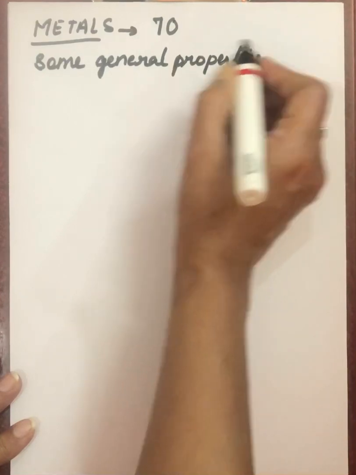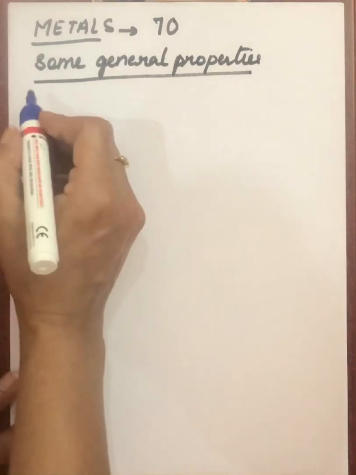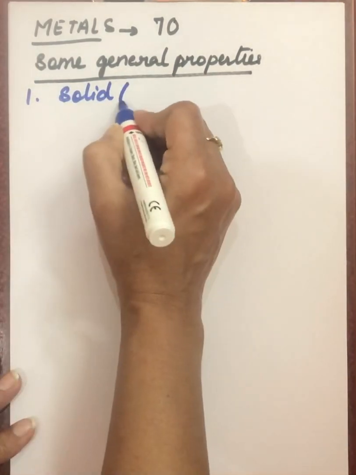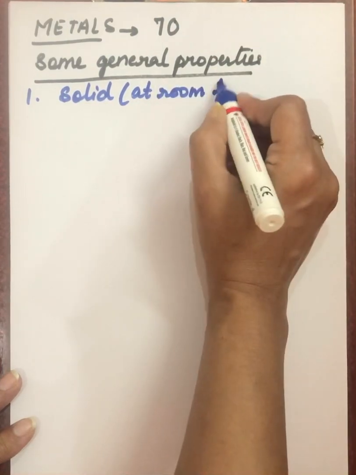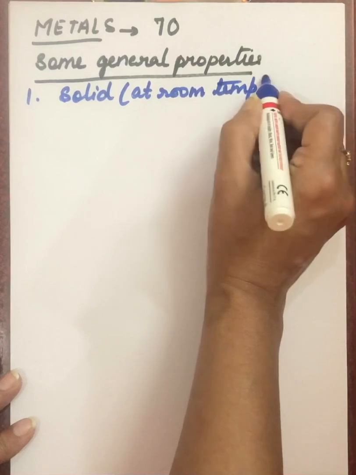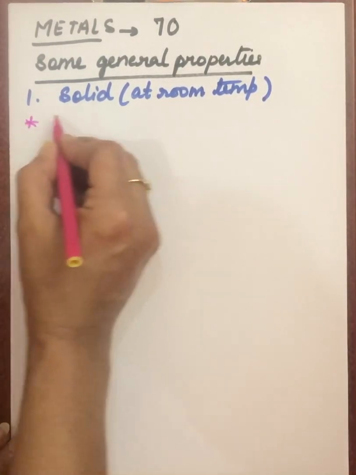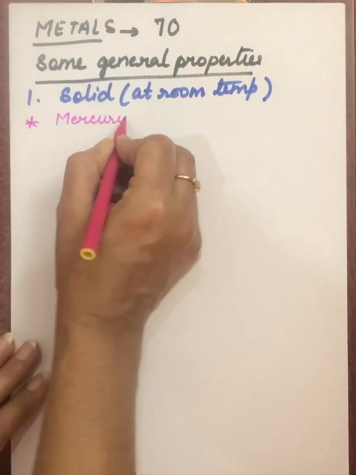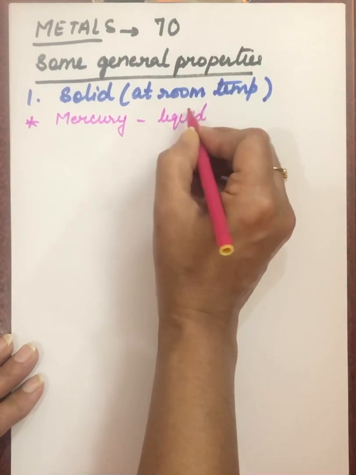First property, metals are solid at room temperature. But in this we have one exception. That exception is mercury. It is liquid at room temperature.